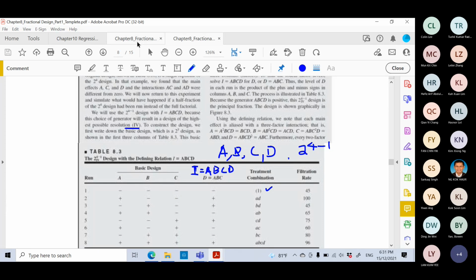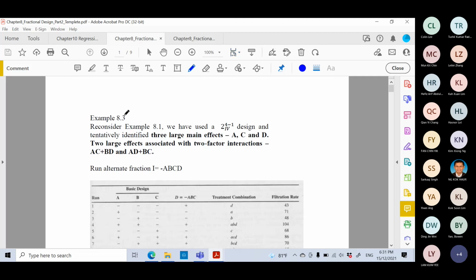So in the following example, example 8.3, instead of running the positive sign, we run the alternate fraction, so I is equal to negative ABCD. Okay, running on the negative side is also possible. So reconsider example 8.1.